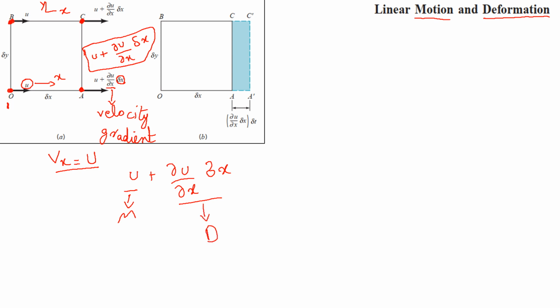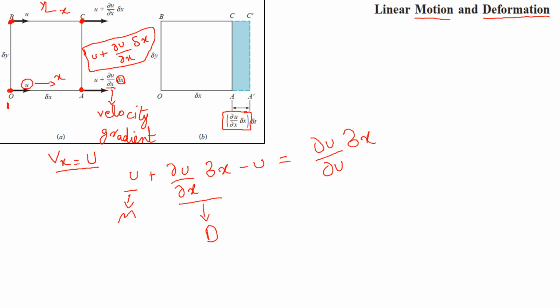To just get the deformation, we will do a simple math, and that is to subtract the initial velocity from this term, and what we will get is just the deformation.